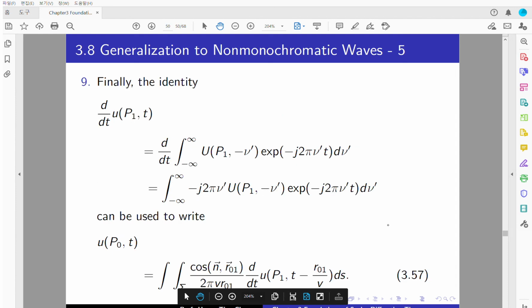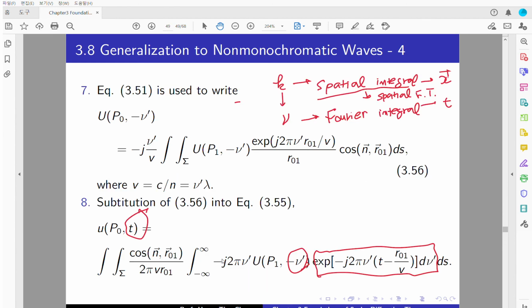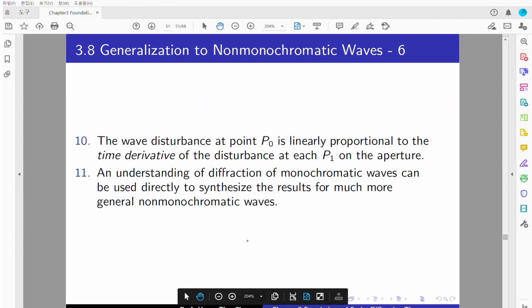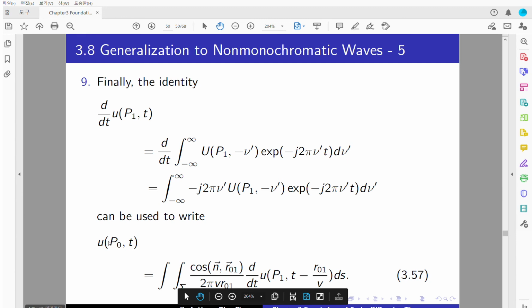So finally, this is our identity: if you take the derivative, you get this u prime. So this integral form can be further generalized into this one.